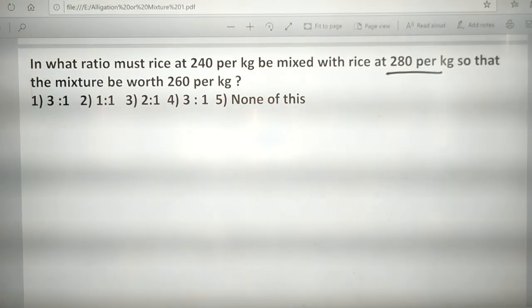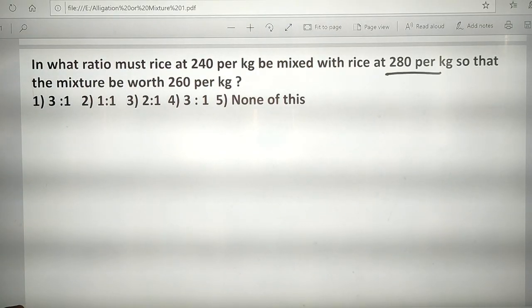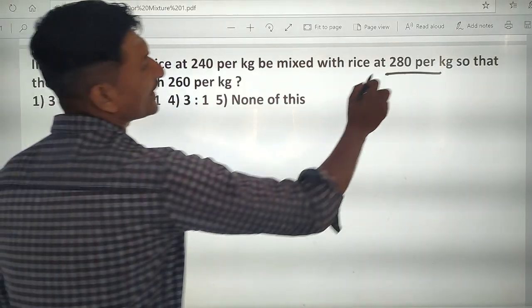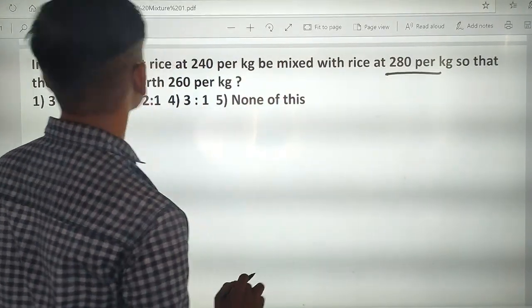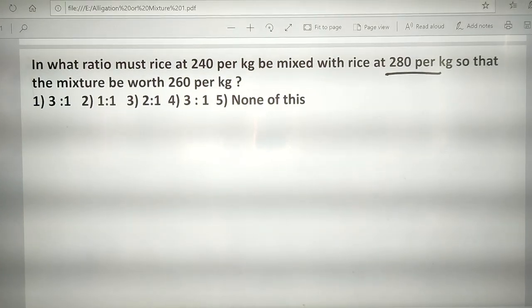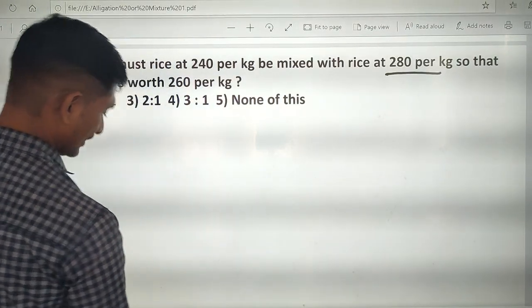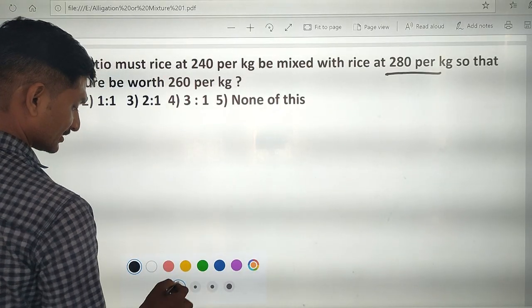Next. In what ratio must rice at 240 per kg be mixed with rice at 280 per kg so that the mixture be worth 260 per kg? Here there are two types of rice.